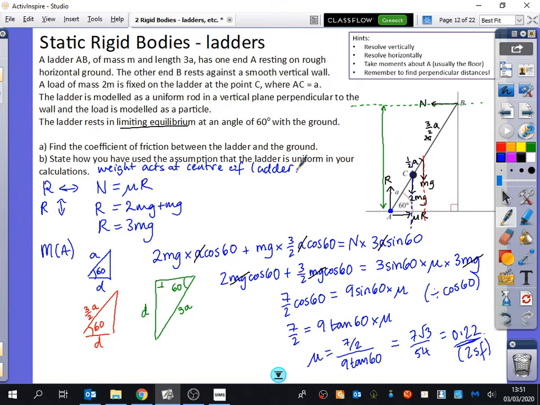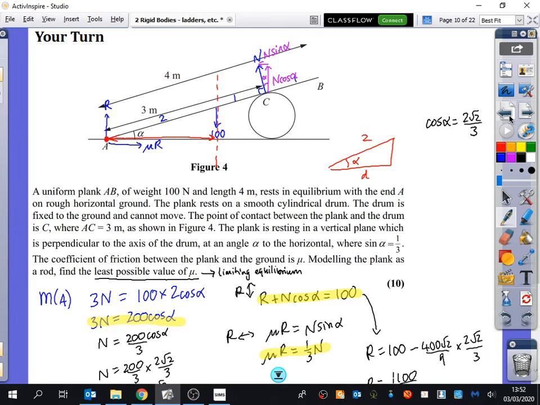So when you look at this, what do you think makes this easier than the other ones? Why do you think this is easier than the other ones in some ways? Yeah, the N that we have here is a horizontal force, whereas in the previous ones it was at an angle, so it required this additional stage of things.